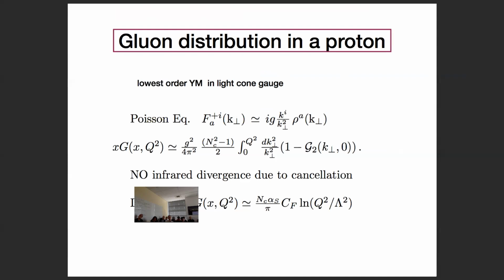Here k is equal to 0 because we're calculating proton to proton, no momentum transfer. What naturally comes out of this calculation is a 1 over k squared, which is the residual of having a 1 over k to the fourth.